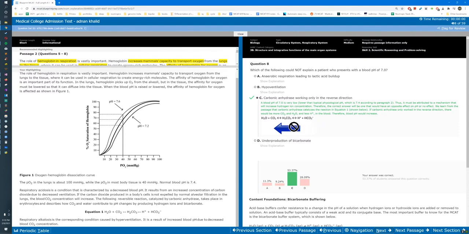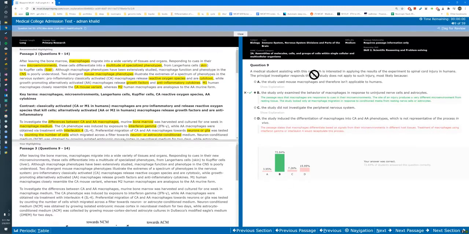This is Le Chatelier, and it's basically going to be working to make it more acidic. So A, B, and C and D would all have the same result of making blood more acidic. Carbonic anhydrase, I didn't completely remember, but it has to be it because everything else is the same thing. Same thing being different from the carbonic anhydrase question.